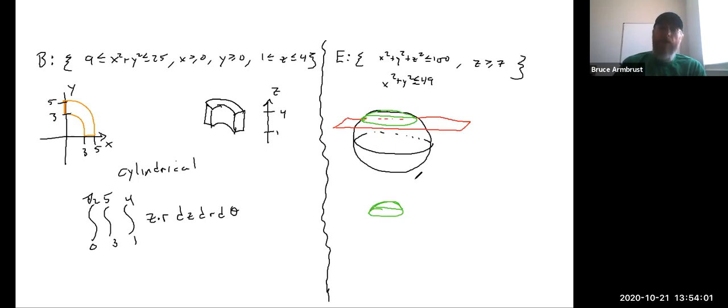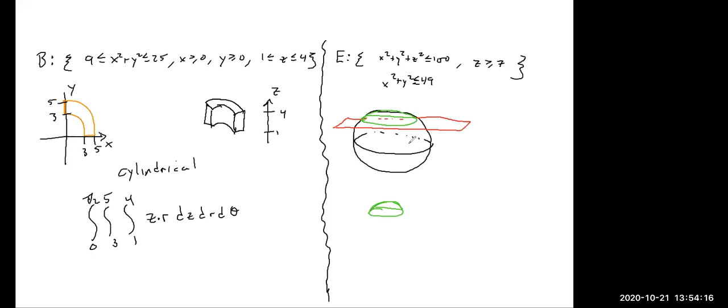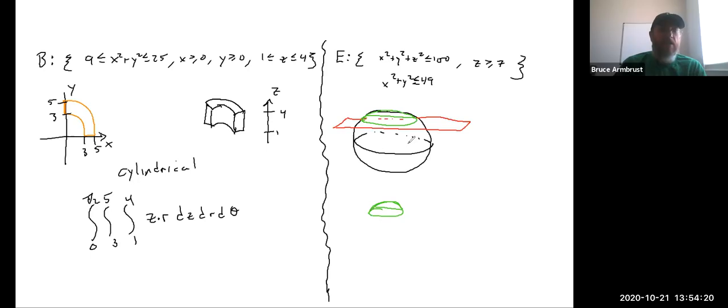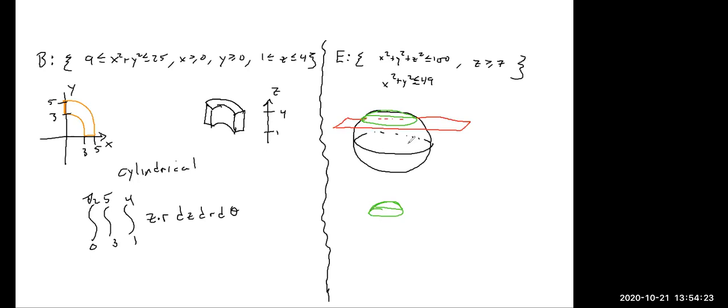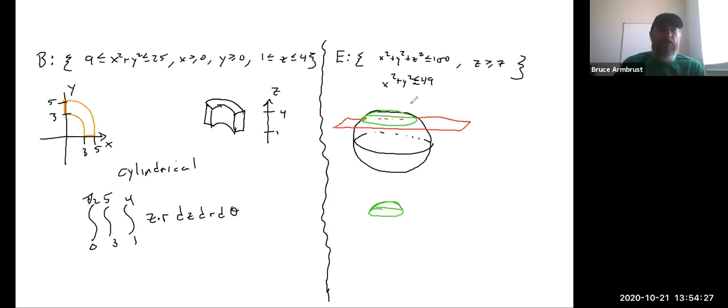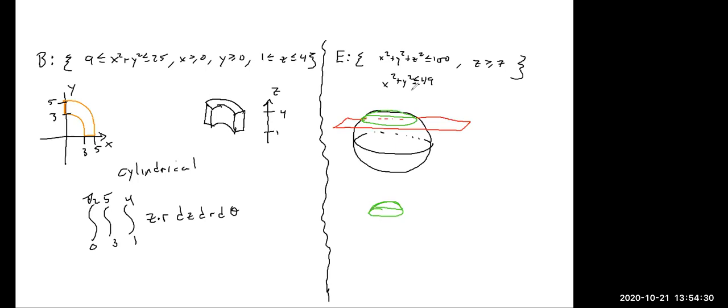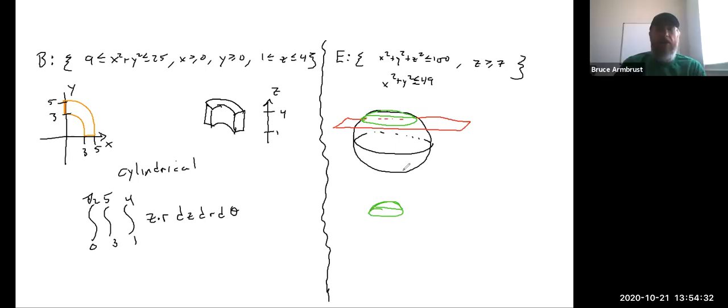Okay, so let's think about where that circle is. Are you sure these are the numbers that you had? Yeah, 7 squared is 49, right? Yeah, that's it. On mine, it gives me theta is between 0 and pi. Oh, okay, so then you're only going to do half of it.